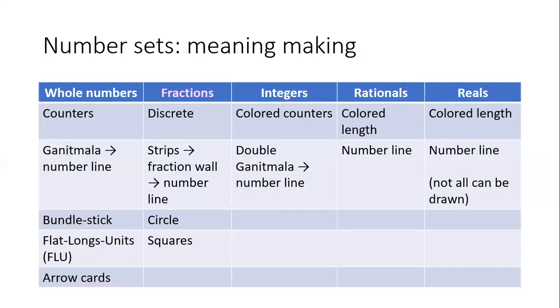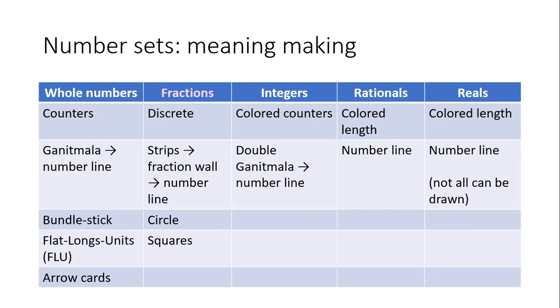Right. Okay, good. Now, in terms of meaning making, these are the different things that you can use. These are the recommended things, and you can see certain parallels. So for whole numbers, you can start with counters. It can be anything that you can count: buttons, pebbles, bottle caps, anything.